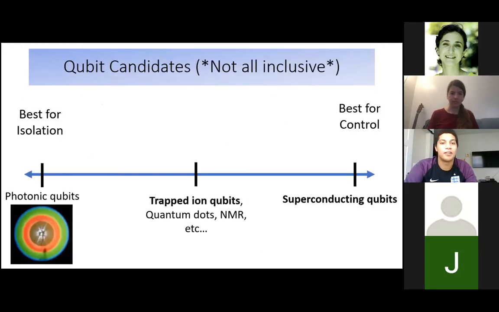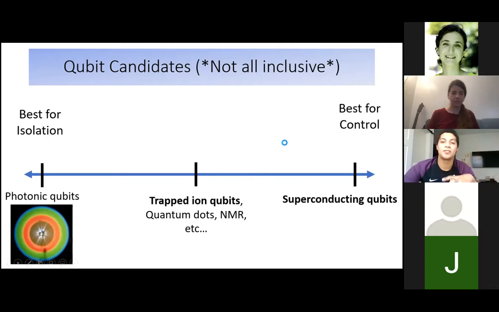And so I've thrown together a not all-inclusive list of qubit candidates, and you can argue that superconducting qubits are the best for control, the best to interact with. On the other end of the spectrum, you have photons, which are the best for isolation.